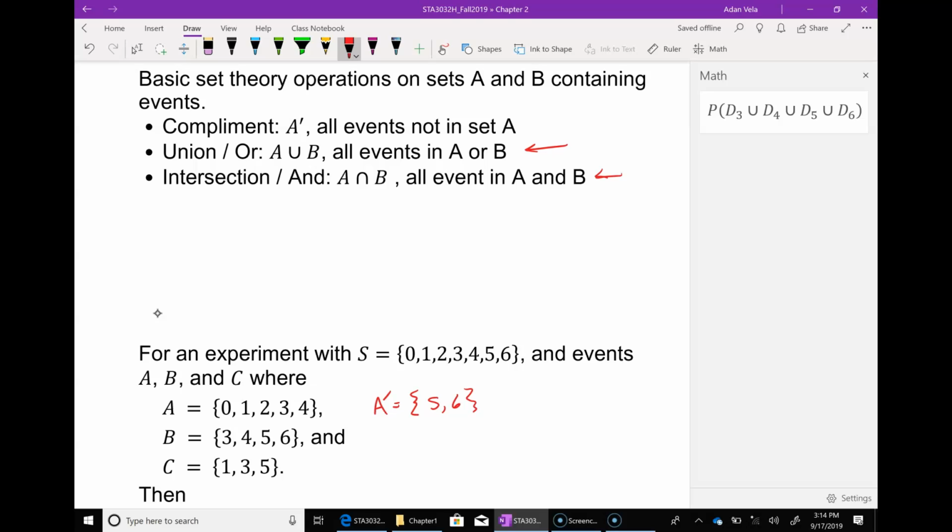When we talk about union, what we're doing is we're joining two sets. So I could say something like A union B, and I want to find all the elements that are in A or B. Right? So that's going to be 1, 2, 3, 4, 3, 4, 5, 6. We have 3 repeated, 4 repeated, 5 and 6.